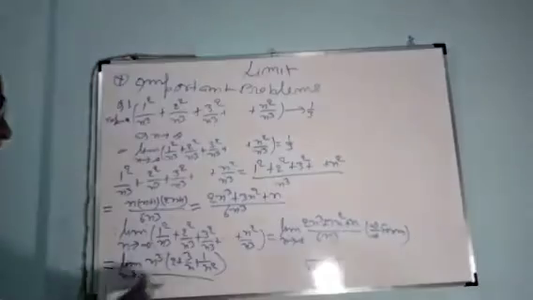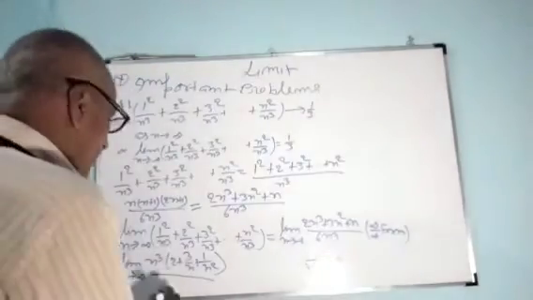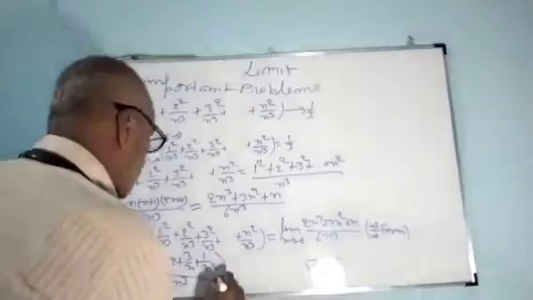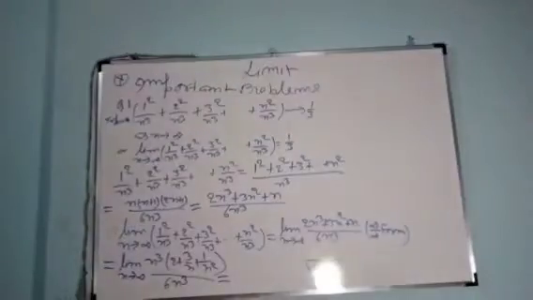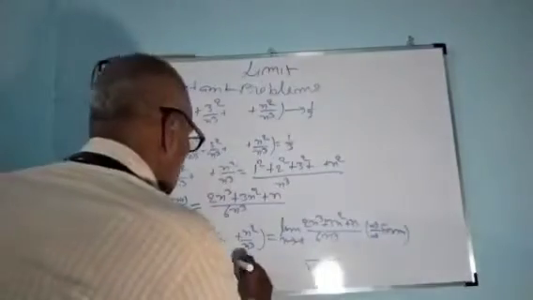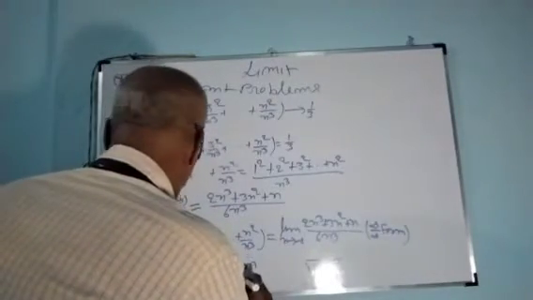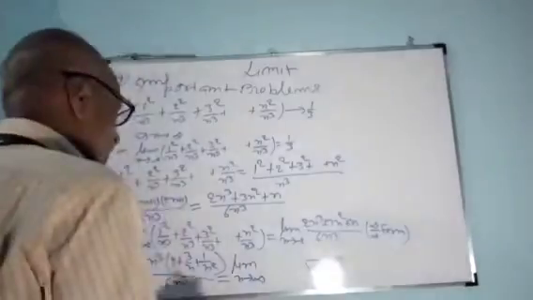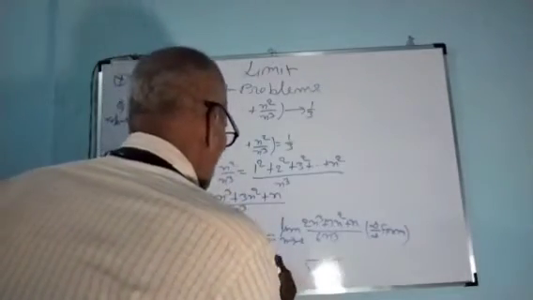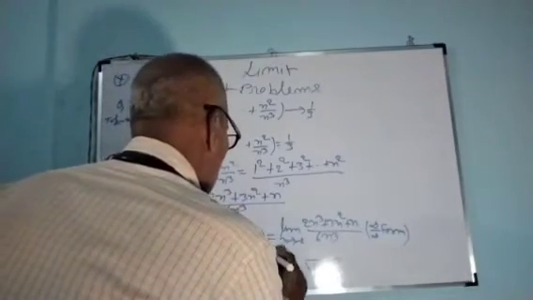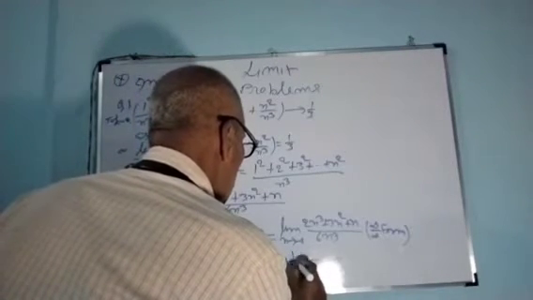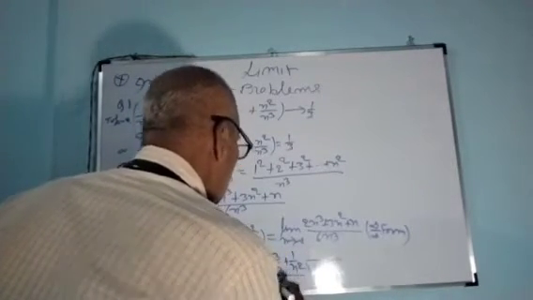Yes, from here we start again. n cube by 6n cube. This is equal to limit n tends to infinity of 2 plus 3 by n plus 1 by n square, by 6.